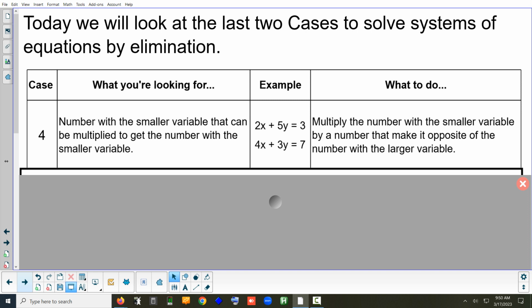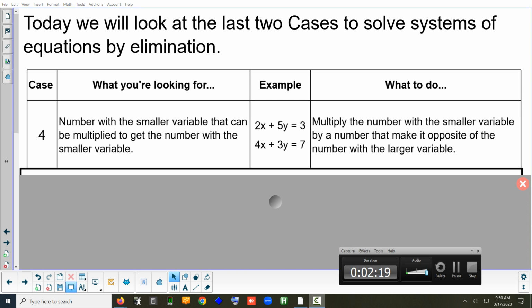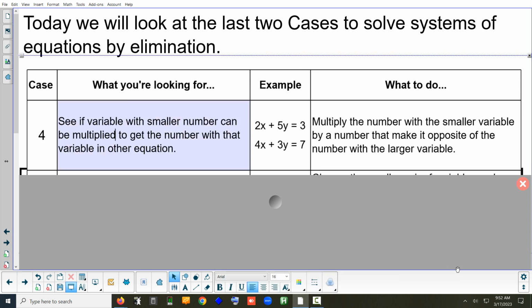I'm trying to think if I want to reword that a little bit. So number with smaller variable. I'm going to reword that. Okay. So that's worded better. See if the variable with the smaller number can be multiplied by something to get that number in the other equation.